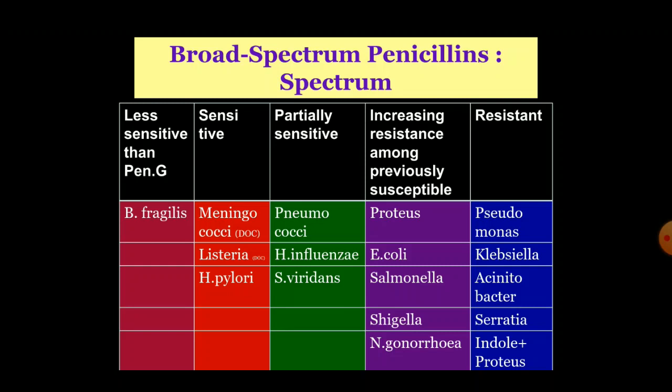Their sensitivity is partial towards pneumococci, Haemophilus influenzae and Streptococcus viridans. We are seeing increasing resistance against Proteus, E. coli, Salmonella, Shigella, Neisseria gonorrhoeae, mostly in case of beta lactamase producing bacteria.